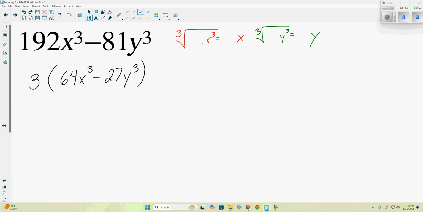Now we're looking at the cubed root of 64 and 27. Well, the cubed root of 64 is 4. Cubed root of 27 is 3, because luckily we've had these two already today.